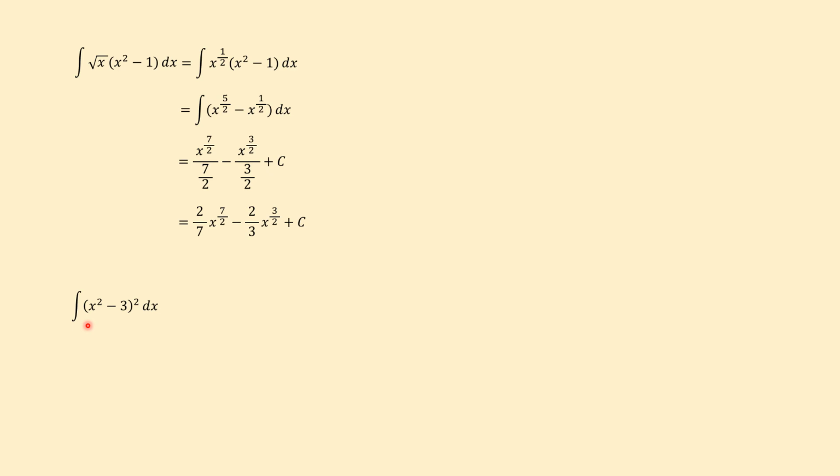Let's move to the next example. Integral of (x to the 2 minus 3) all to the 2 dx. We cannot integrate this expression in this form. First, we have to rewrite (x to the 2 minus 3) to the 2 in a form that fits with the power rule.